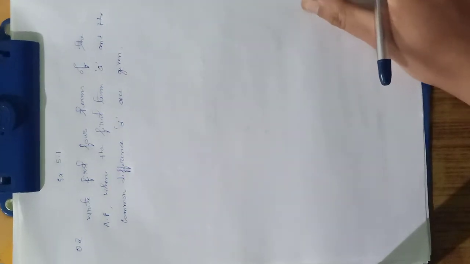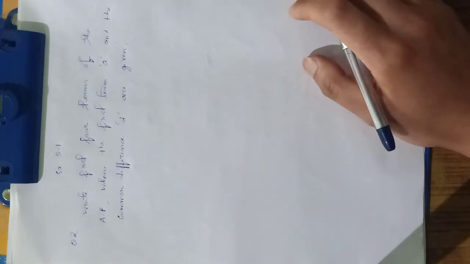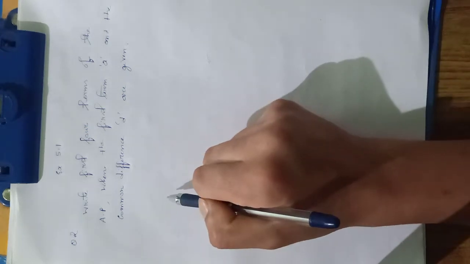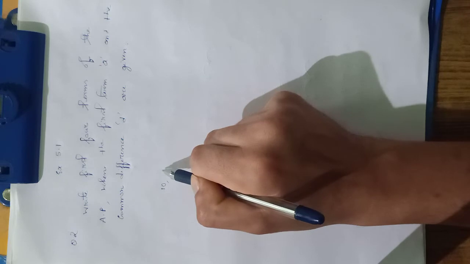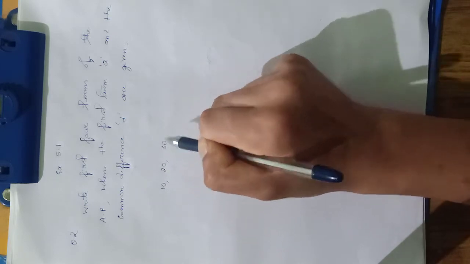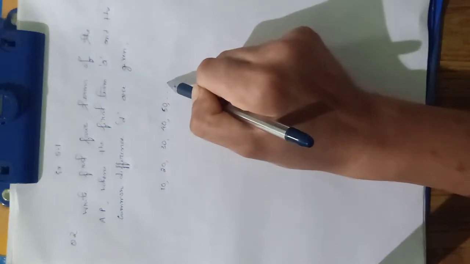Now, let's first take an example. Let's consider a series of numbers which is an arithmetic progression. Example: 10, 20, 30, 40, 50, and so on.